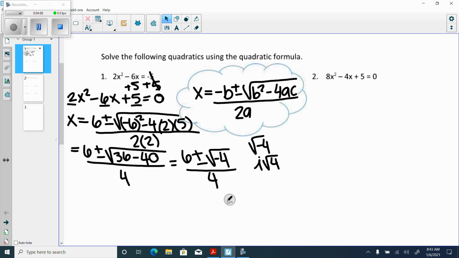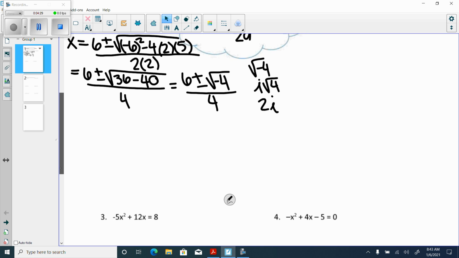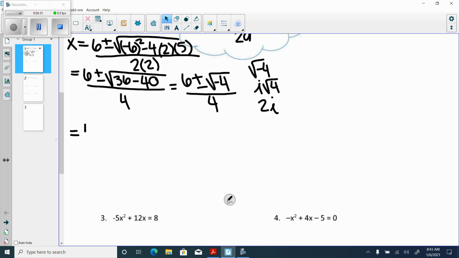Is 4 going to give me any pairs? What am I going to get? 2 and 2. And there's no leftovers, right? So I'm just going to take out that 2. So this becomes 2i. So now I'm going to rewrite this and replace the square root of negative 4 with 2i. So I'm going to have 6 plus or minus 2i all over 4.